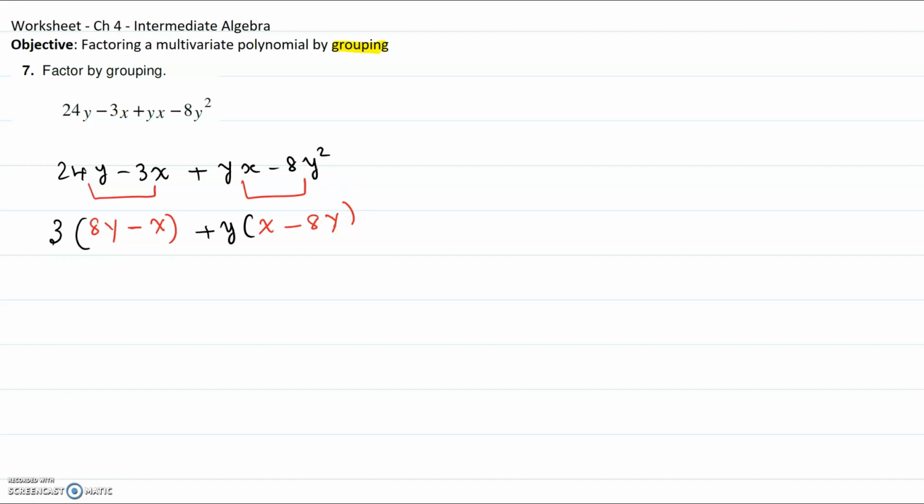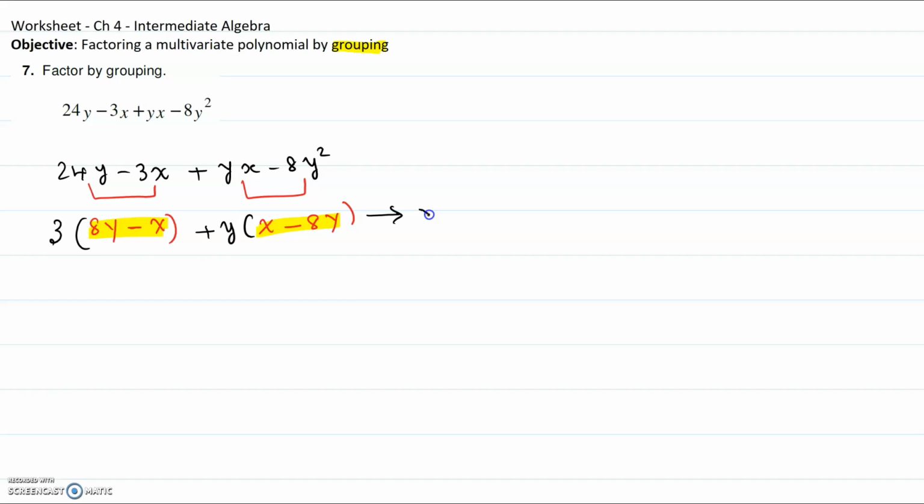So if you take the problem the way it is, inside the parentheses you get 8y minus x, but here x minus 8y. The goal is to have them the same. If it is 8y minus x, we need to get 8y minus x in the second grouping as well. So if you keep the terms as they are, you are not accomplishing that.